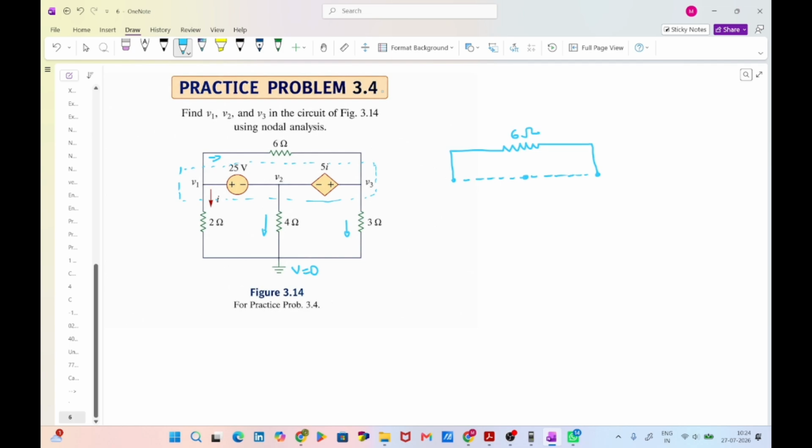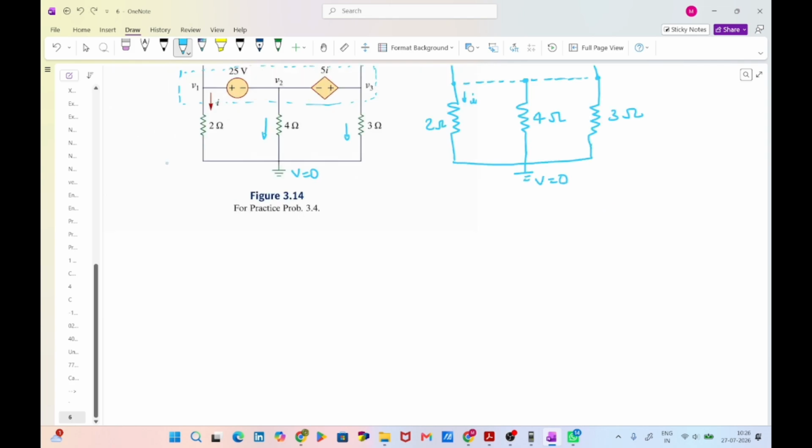Then this one is 2 ohm, this one is I, this one is 4 ohm and this one is 3 ohm. Then connect here to here and switch this to ground, V is equal to 0.